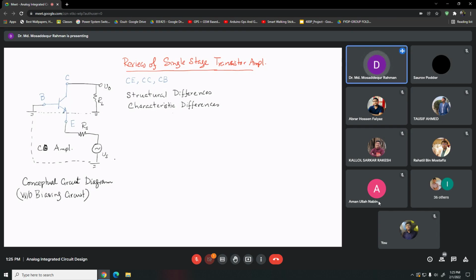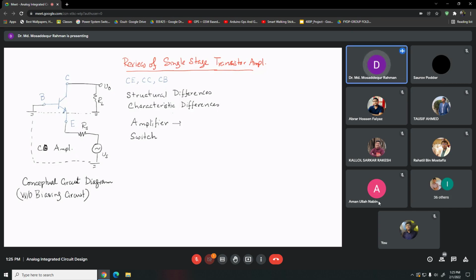Now, in order for these transistor amplifiers to work, you have to bias. We can use the transistor as an amplifier, that's our objective, or we can also use this transistor as a switch.